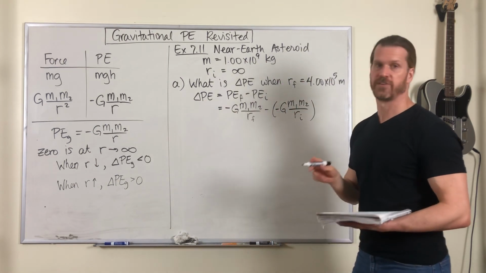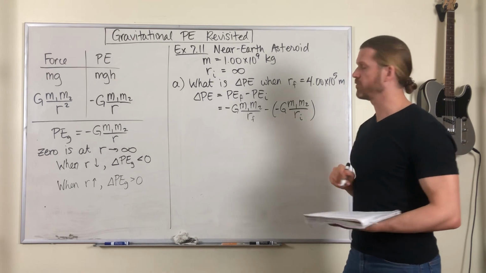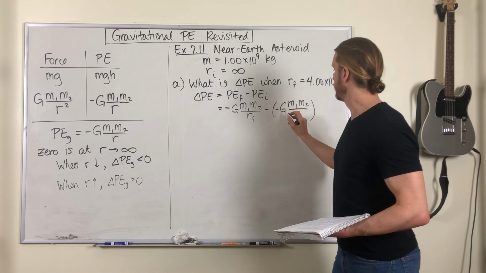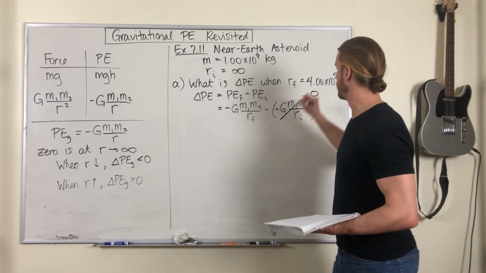Okay, so final potential energy minus initial, but this initial potential energy is 0 because we started really far away, so our initial is infinity, so this whole thing goes to 0.